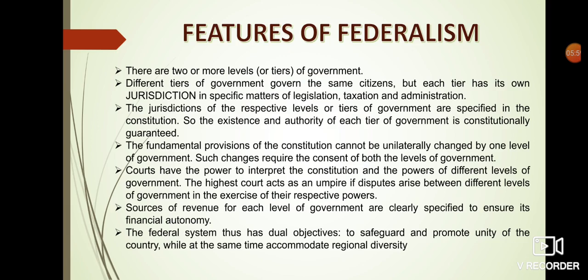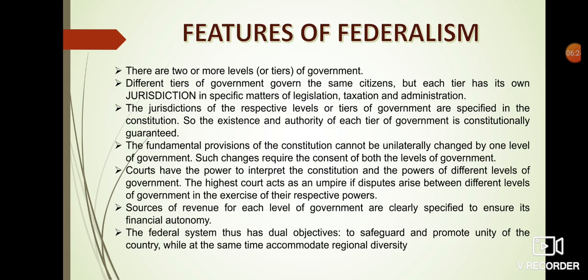The revenue collection has been divided into various categories, so that for the central level it is different and for the state level it is different. Both levels of government have different sources of revenue so that they can maintain their financial autonomy. The federal system thus has dual objectives.